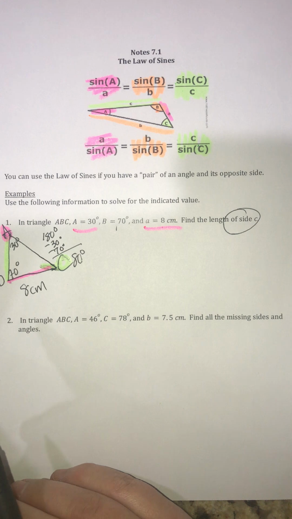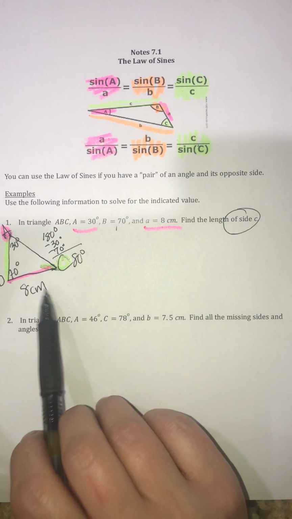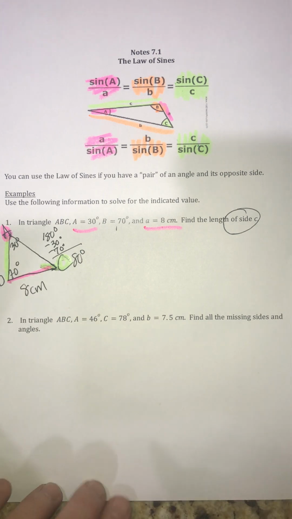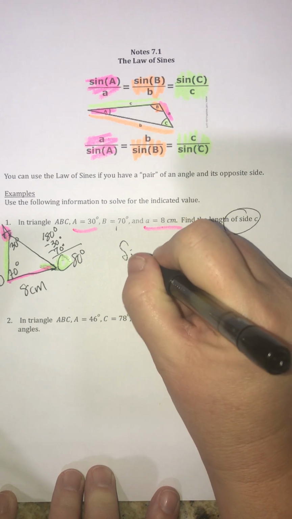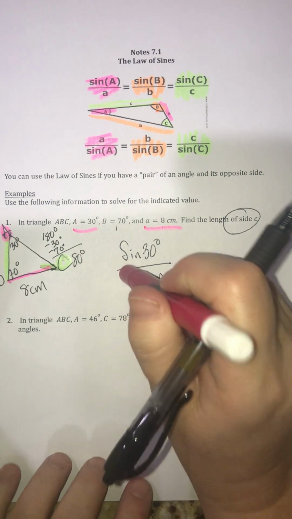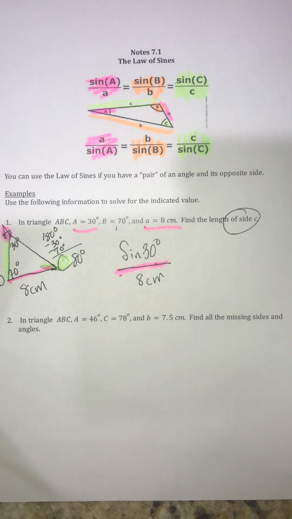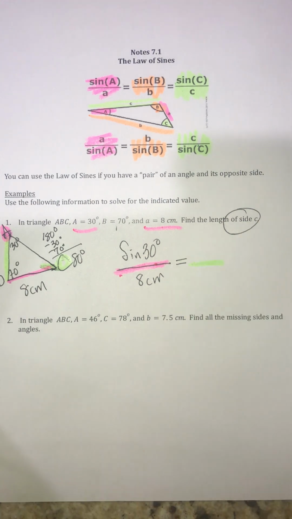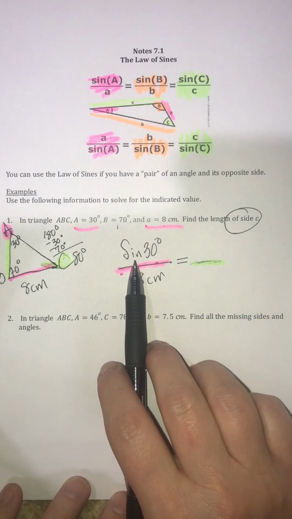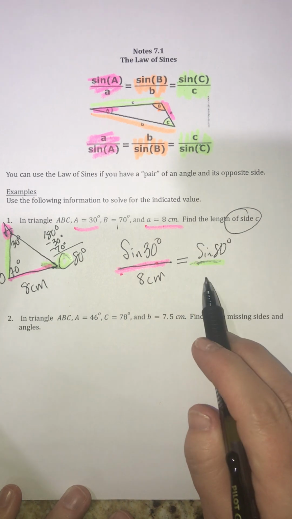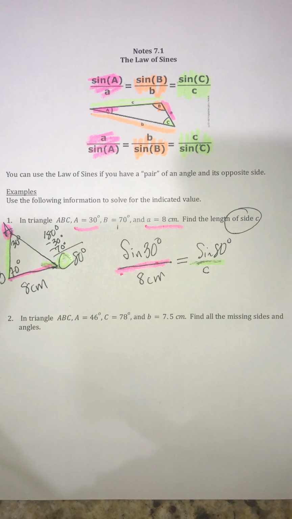Now we can do law of sines because we know the pair, angle A, side A, and we know half of the pair, angle C, so now we can find side C. So the sine of 30 degrees divided by 8 centimeters, this comes from angle A and side A, will equal, so now I go to angle C. Since I already put sine of 30 on the numerator, sine of 80 over little c, and I do not know what little c is.